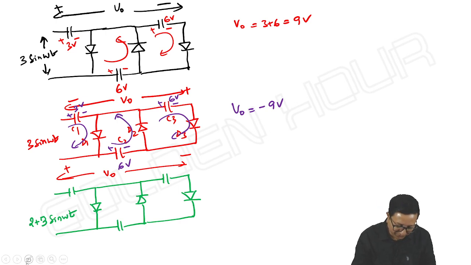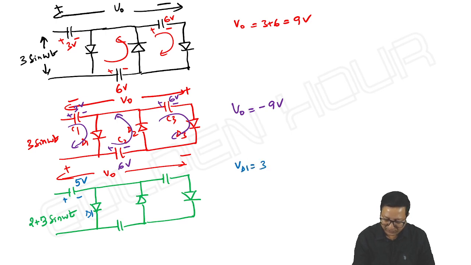Because see, if you take the first capacitor, how does it charge? This capacitor will charge up to the peak amplitude of the input. It will charge up to 5 volts. And VD1 remains as it is. VD1 is equal to 3 sin omega t. Diode voltage does not change, negative clamper. And next here it is plus minus.